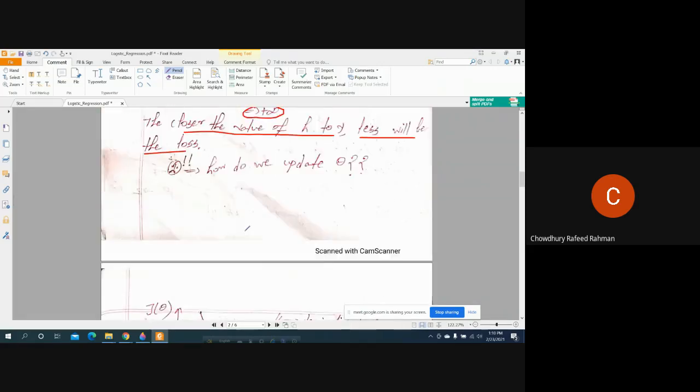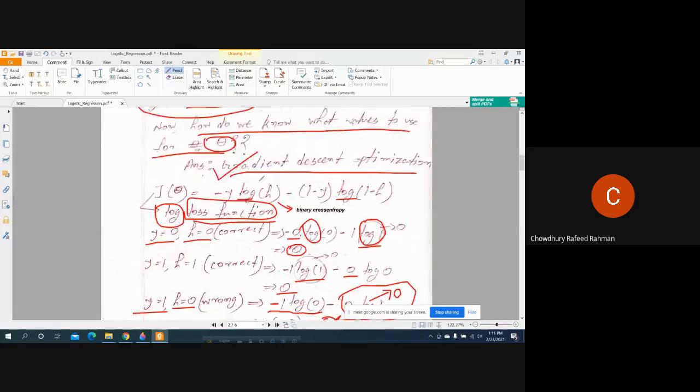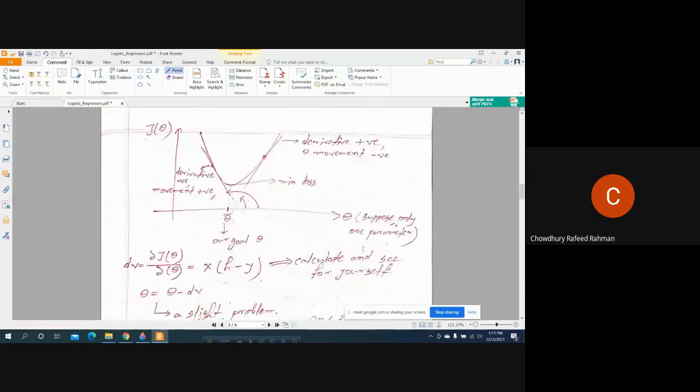Okay. So again, the question remains, how do we update theta? And we are moving close to this question because we have already defined our loss function. So first of all, let me show you a graph of theta versus loss. From this graph, answer one question.